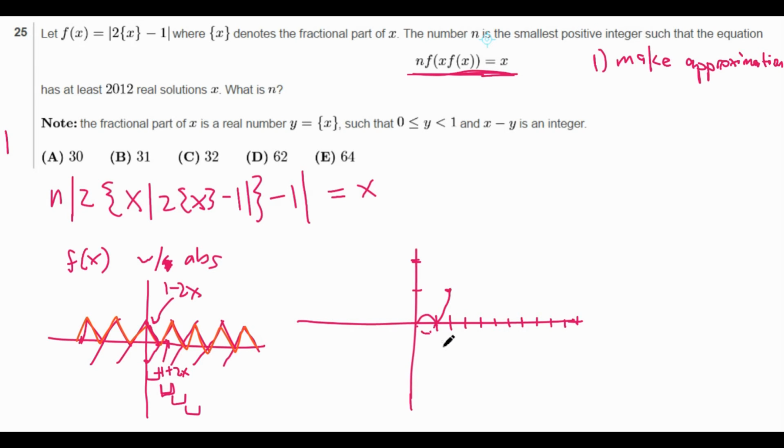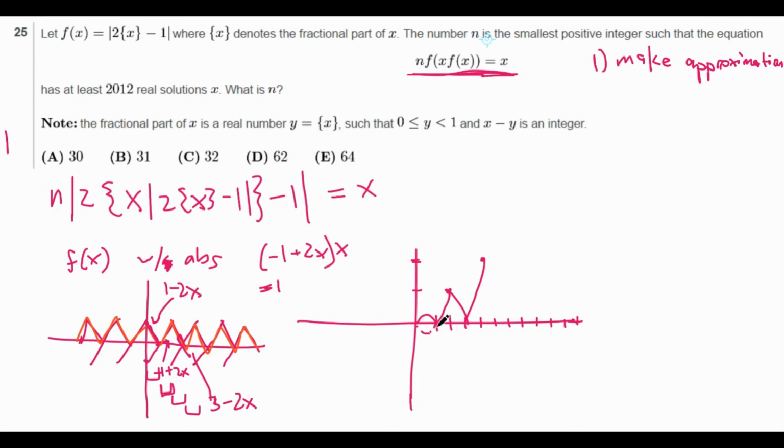If we plug in 1 into (-1 plus 2x) times x, we get 1, so this point is (1, 1). Now we can repeat the argument. The next line is 3 minus 2x, which gives something like this. And then the next line is -3 plus 2x, which gives something like this, which ends at (2, 2).